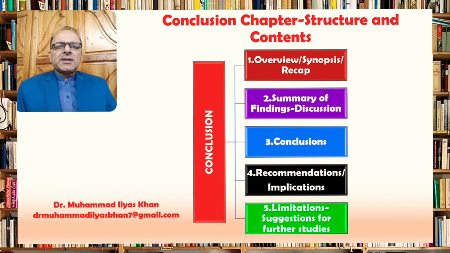Mainly there are 5 components in the conclusion chapter: the overview, synopsis or recap section, the summary of findings section, a discussion section, the conclusion section, recommendations and implication sections, and limitations and suggestions for further studies section.